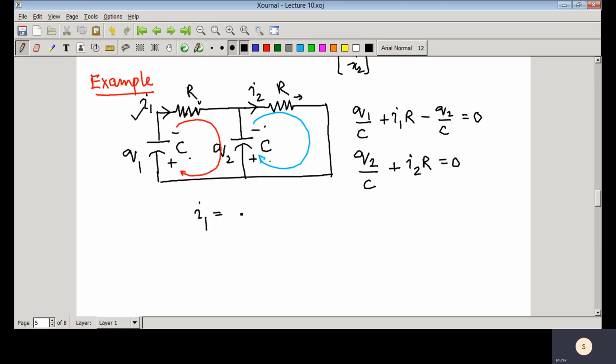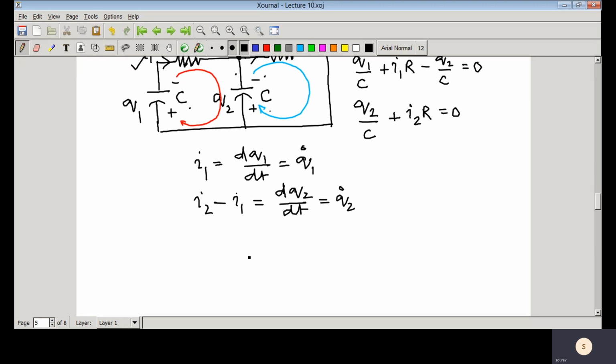So current I1 equal to dq1 by dt, that is q1 dot, and another thing is I2 minus I1. If you just look at this particular node, here this is I2 and this is I1, and there will be some current here, so that is equal to dq2 by dt equal to q2 dot.